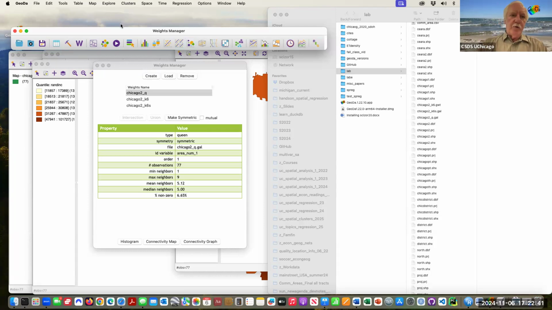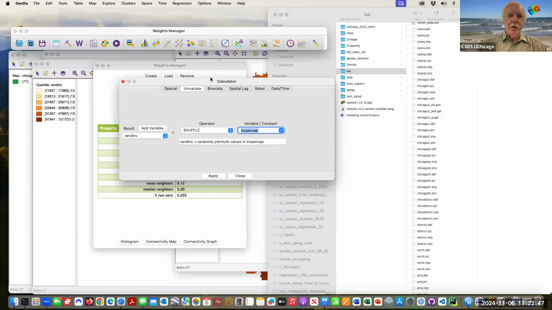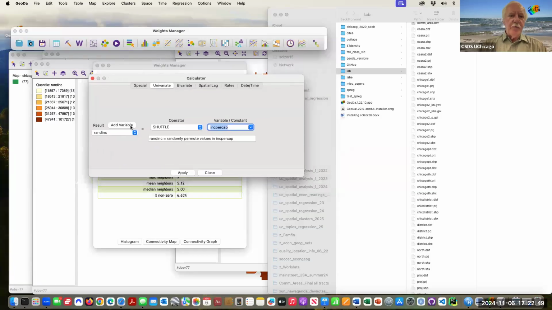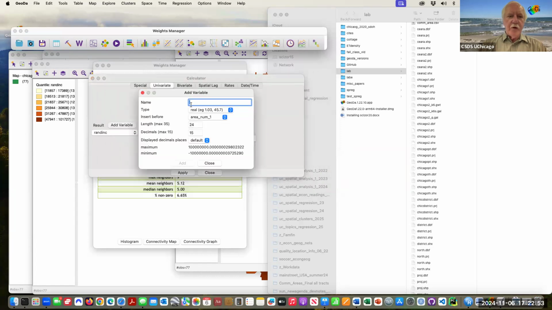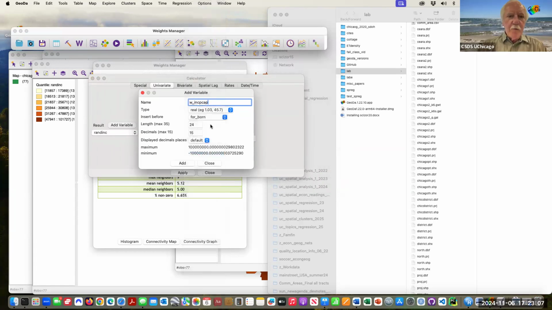Okay. So we go back to the calculator. I'm going to add a variable, and I'm going to call it W underline inc per cap, and we're putting it next to the other two for income per capita.